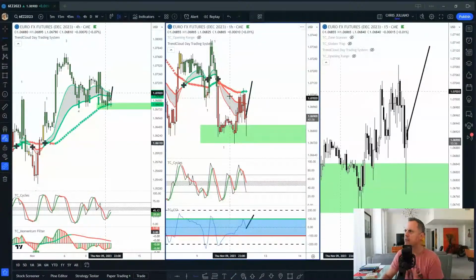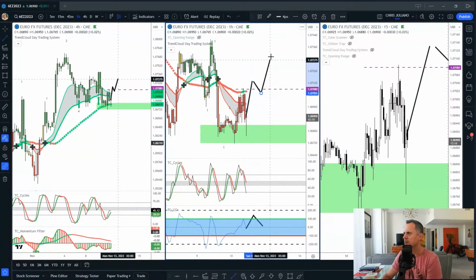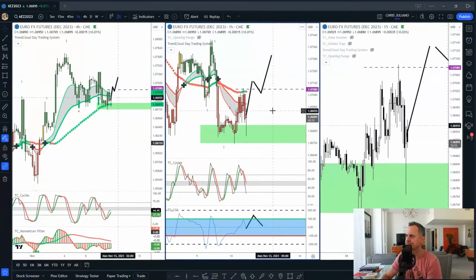Maybe let's break some structure here, right? Let's break some structure. Candles start to turn green. Pulls back into that blue shaded area, finds support, and makes the move up. That's the piece of the puzzle that's missing.